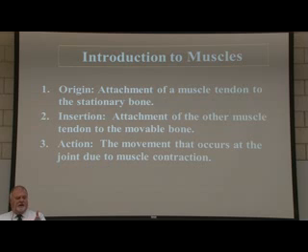And then the pattern is that when we say an origin, we're talking about the bone that would be stationary during any contraction of the muscle. And the insertion then is the attachment of the other end of the muscle by a tendon to the bone that's actually going to move. And then the action is the action that occurs at the insertion. So the 3 all go together.